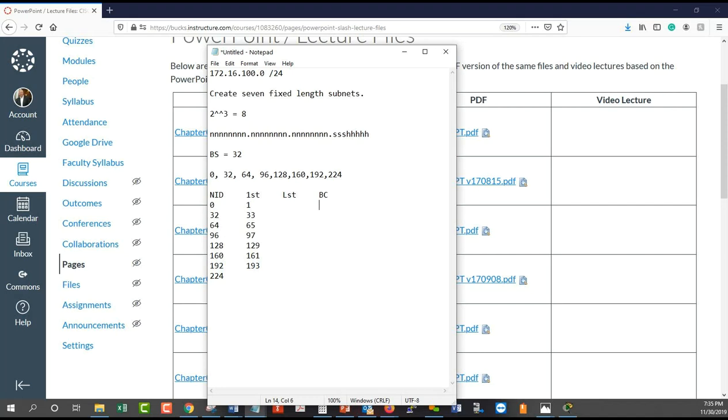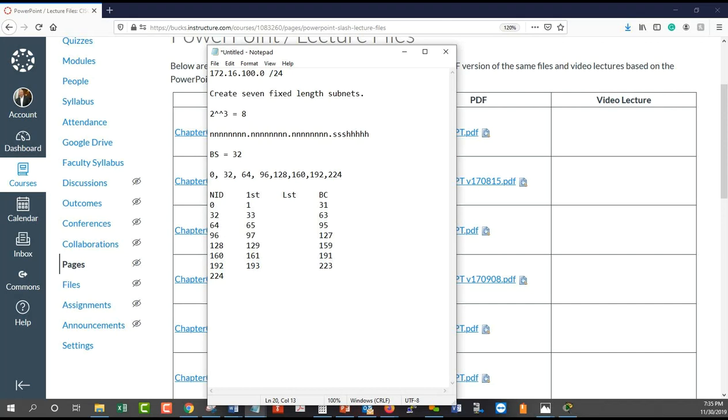And if you look at the next network ID, which is 32, this broadcast is going to be 31. And then 63, 95, 127, 159, 191.